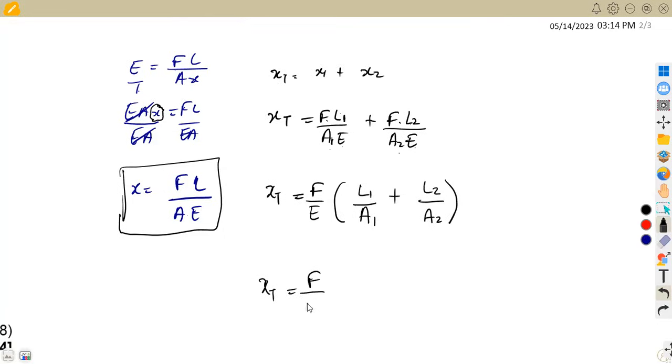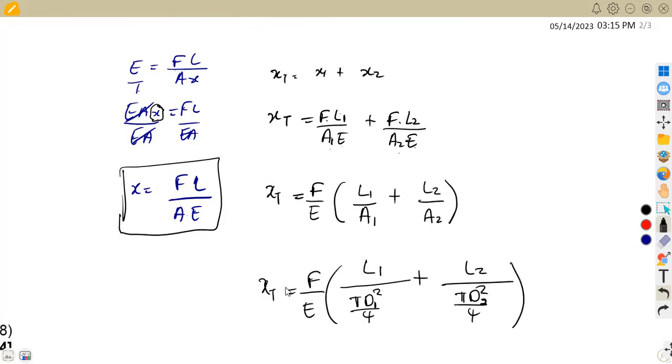So this is F over E times L1 over the area, which is pi d squared over 4, where the diameter is the first diameter you're given, plus L2 over pi d squared over 4, where the diameter is the second diameter. This formula can give us our change in length directly.